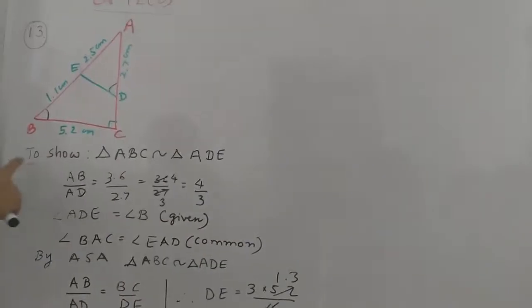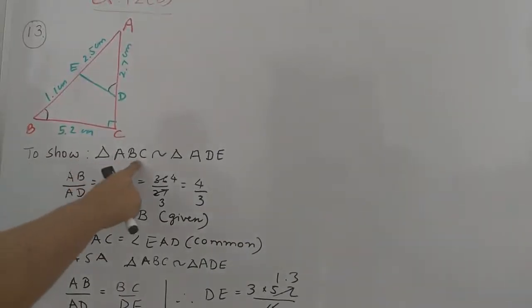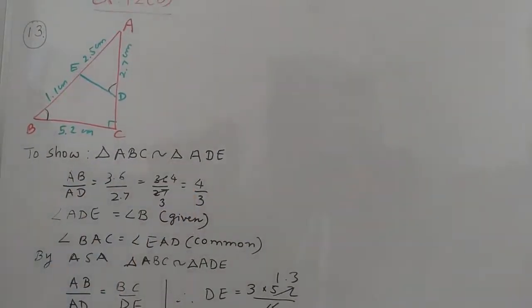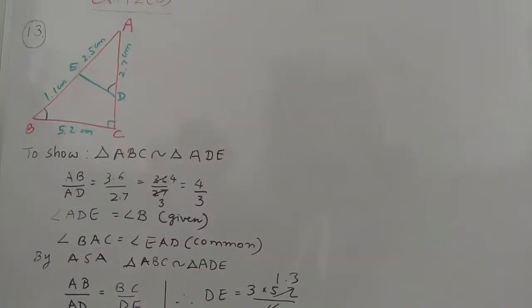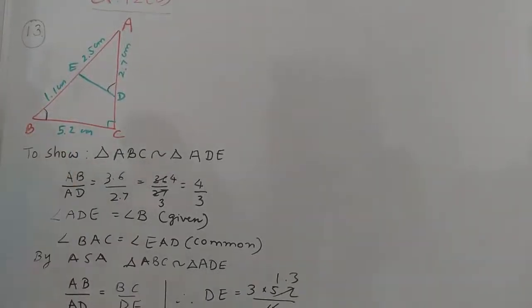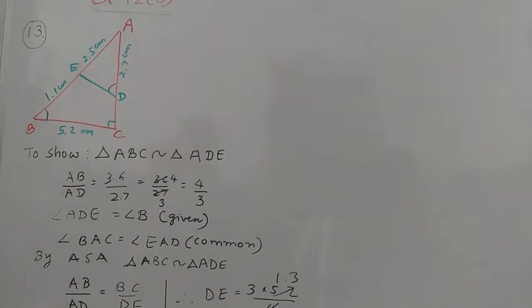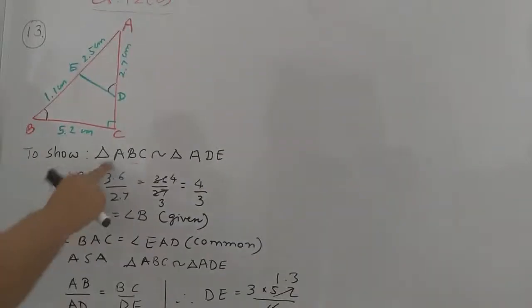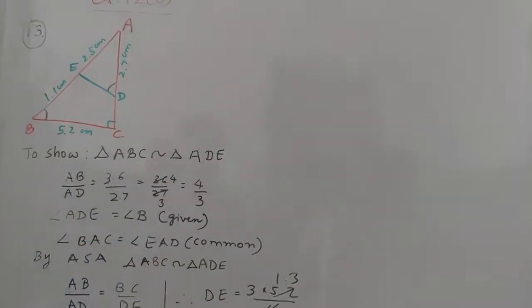For that, I have written here, first of all, to show triangle ABC similar to triangle ADE. Also, we are given the values of AD 2.7 written in the figure, then AE 2.5 and BE 1.1, BC 5.2. We want to find the DE value. So first of all, we will show triangle ABC similar to triangle ADE.